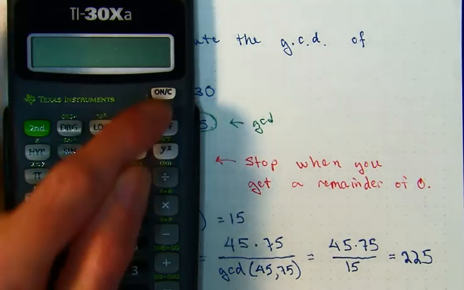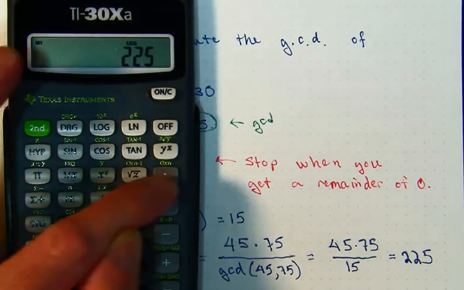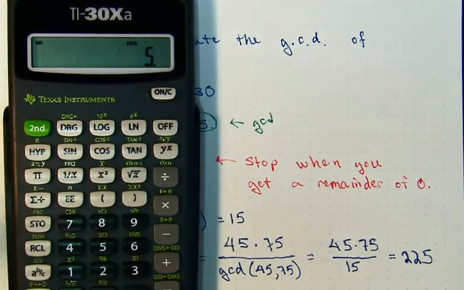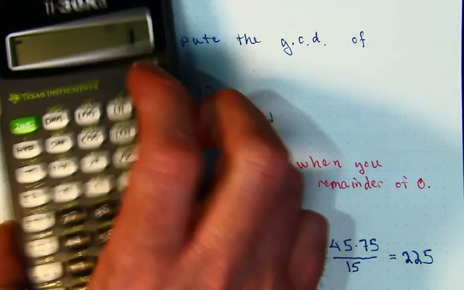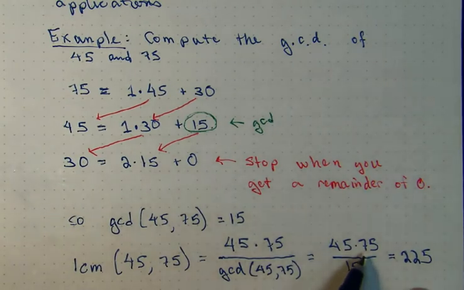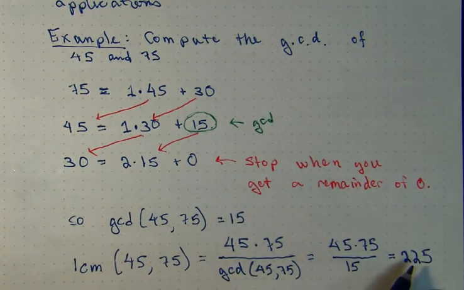Okay, so I'm going to do 225 divided by 45. So 225 is 5 times 45. I'll do 225 divided by 75. So 225 is 3 times 75. Okay, so both of these numbers, 45 and 75, they both go into 225 evenly, and this is the smallest number with that property.